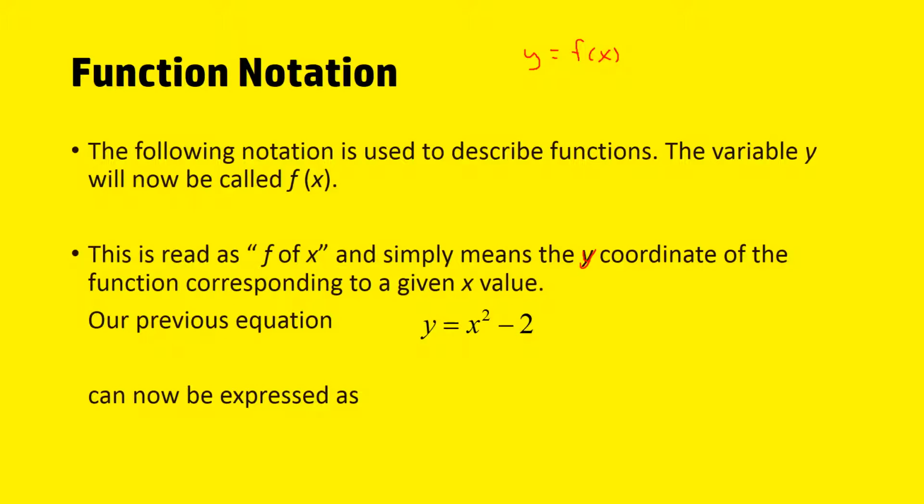So the previous equation was y equals x squared minus 2. It can now be expressed as f of x equals x squared minus 2. So it's the same thing, we just wrote f of x instead of y.